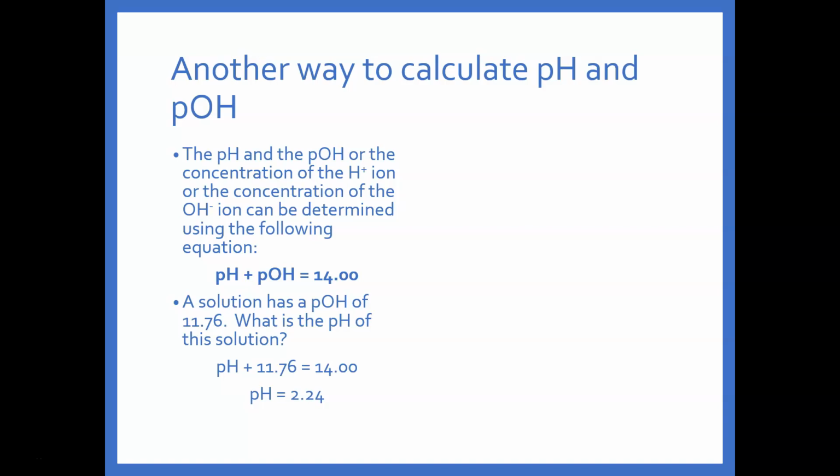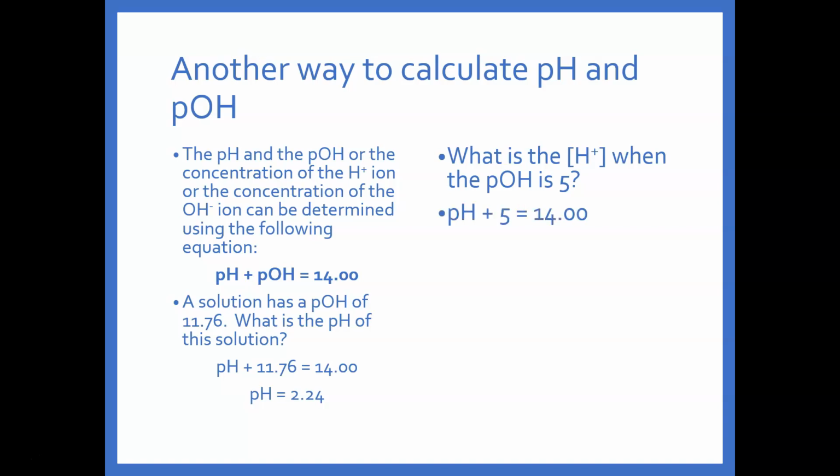So now that we know how they're connected, we can actually tie more than one of these formulas together. Let's do an example like that. So you are asked, what is the hydrogen ion concentration when the pOH is 5? So up first, we take pH plus 5 equals 14. By doing subtraction, that allows us to know that the pH is 9. But the question was not asking us about the pH.